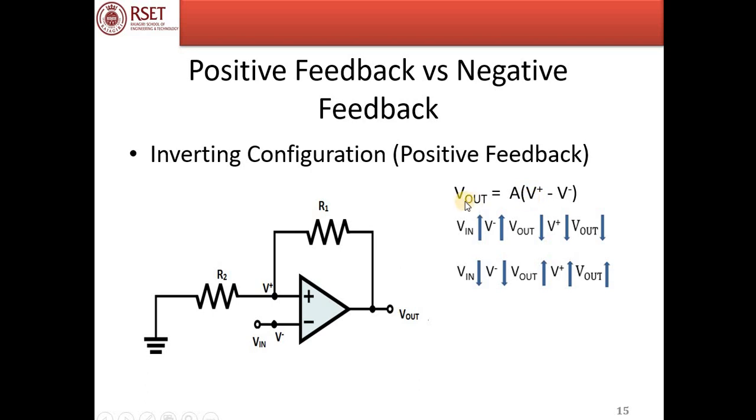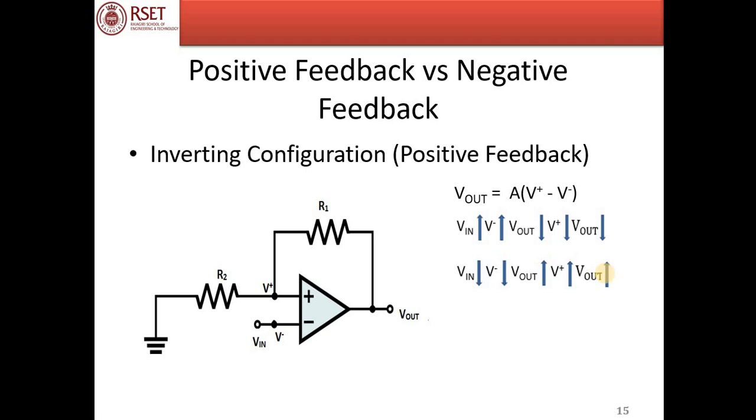When V plus increases, from this equation we can see that V output also increases. So when V input decreases, V output goes on increasing till it reaches plus Vsat. So this is the case of an inverting configuration with a positive feedback. From the discussion we saw that the output value would be either minus Vsat or plus Vsat.